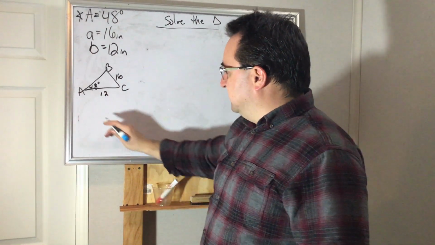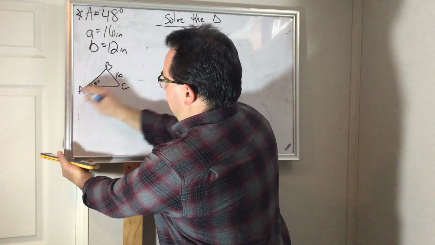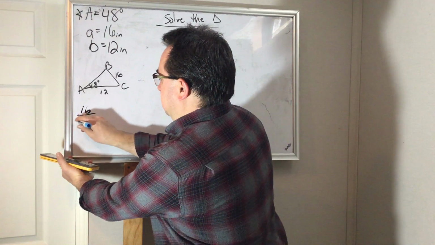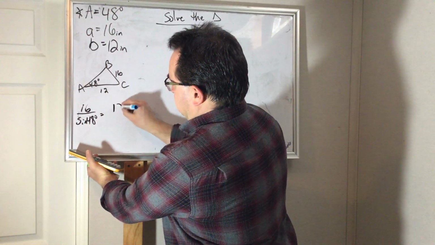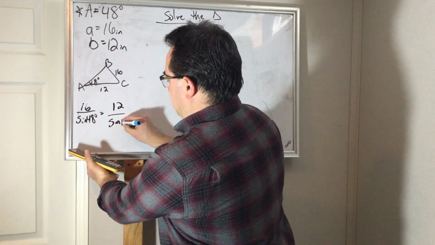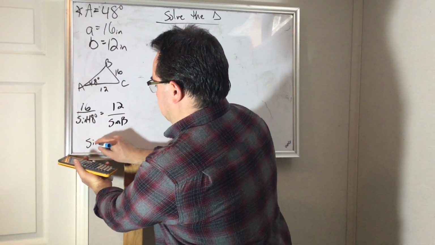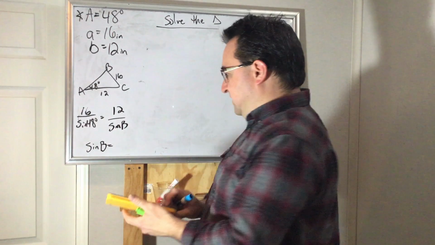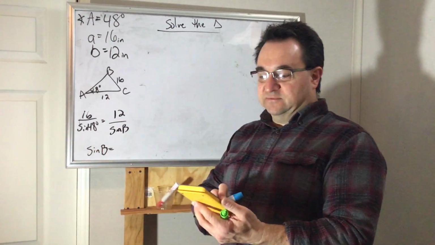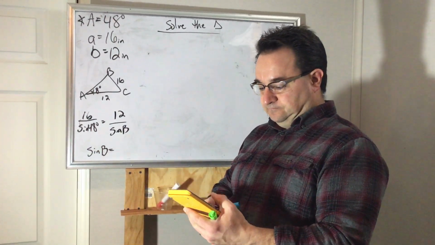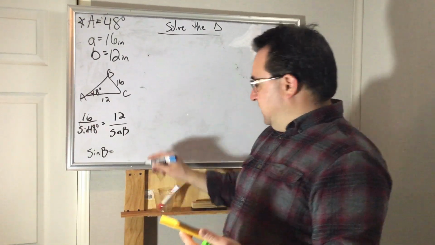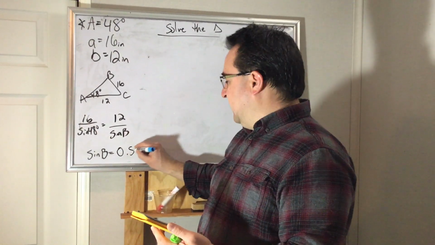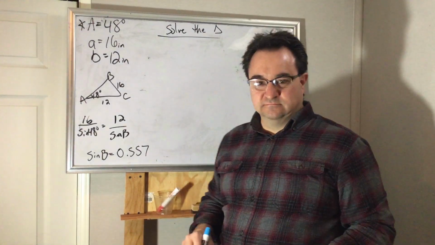And I set up my law of sines. So I have an opposing pair, opposing pair, and I get sine of B is 12 times sine of 48 divided by 16, and I'm getting 0.557.